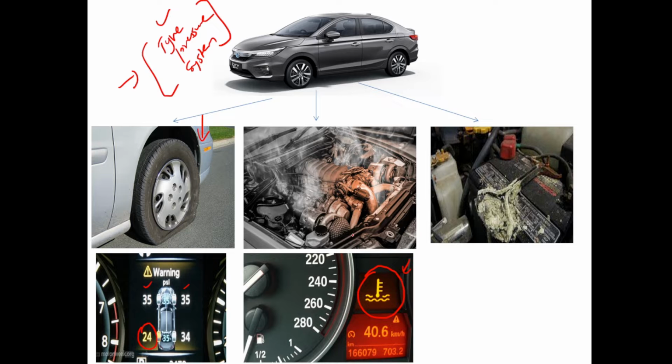Whenever your engine overheats, this particular symbol will start blinking. There are sensors which take note of the engine temperature and then warn you. Why are we warning you? So that you don't end up in a full burnout situation. Likewise, this is an engine monitoring, or heat monitoring, system that we have here.